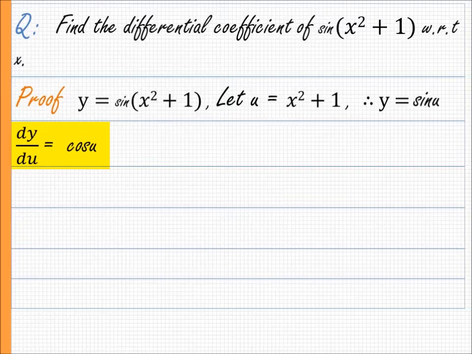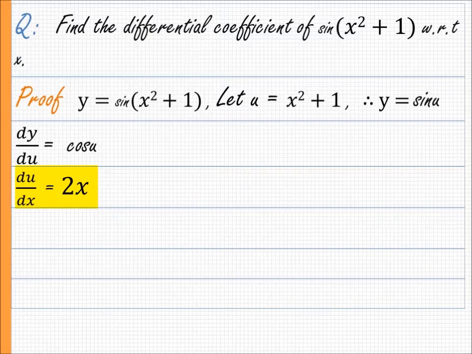In the second equation we have u is equal to x square plus 1, so du upon dx is equal to 2x, since the differential coefficient of x square is 2x and that of 1 is 0.